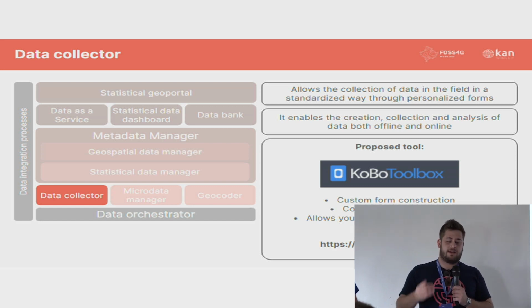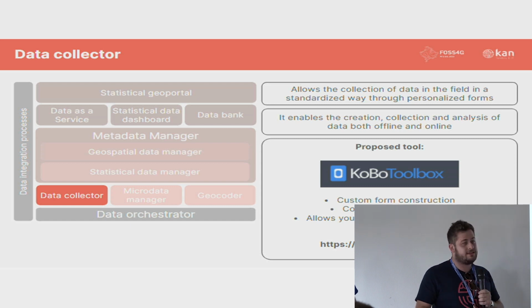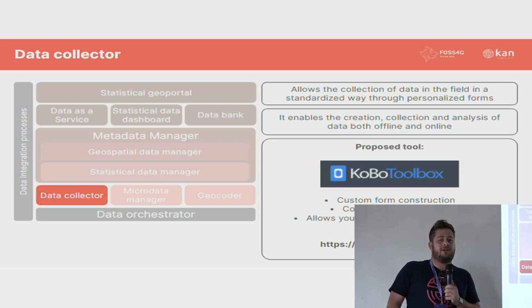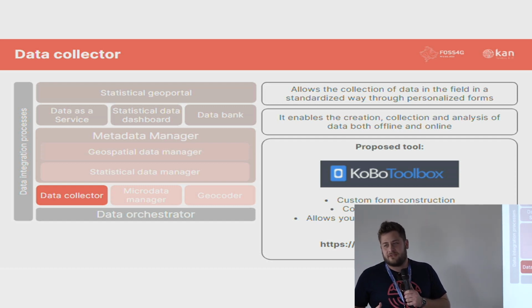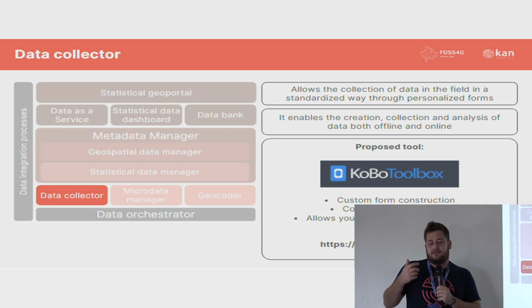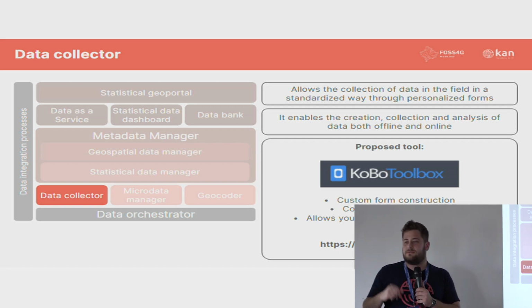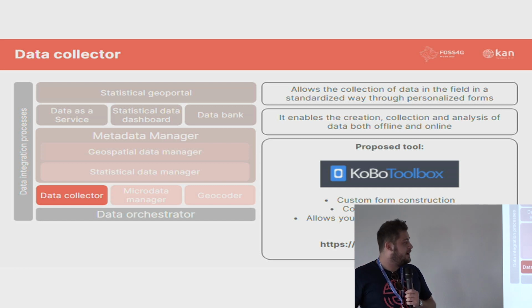It's made for field data collection, so it works offline, on any device, and one of the main things is that it works offline. So you can go to the field, you don't need a super Wi-Fi connection or super rapid internet connection. You can complete the forms, and when you get a connection, the surveys are sent to the server.